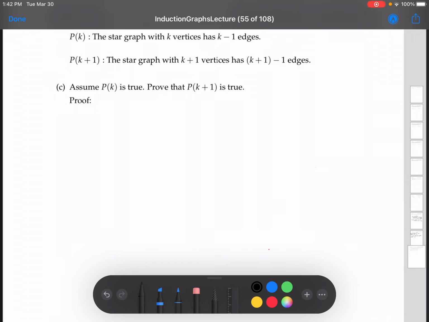All right, so let's start by drawing the star graph with k plus 1 vertices.